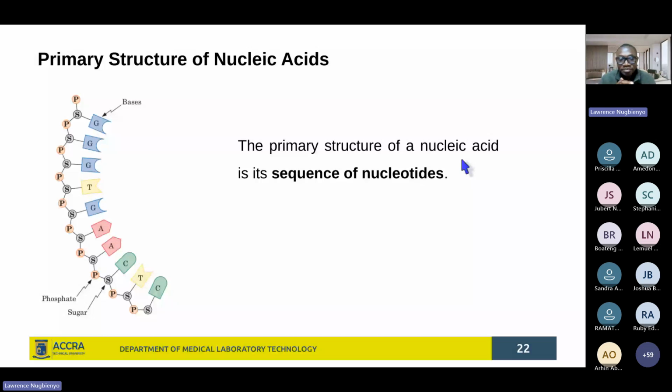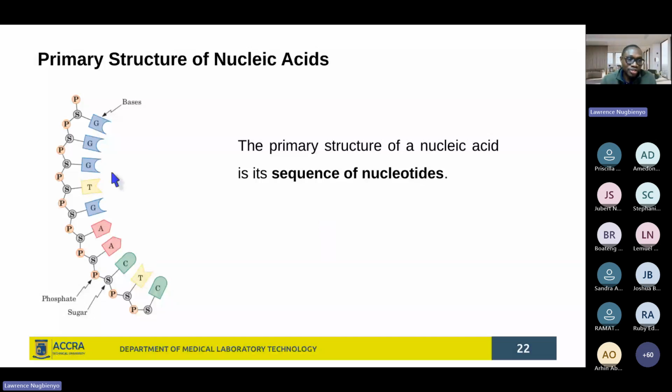The same way, in a nucleic acid chain or in a nucleic acid strand, you are describing the primary structure of the nucleic acid. So the primary structure of nucleic acid is just about the sequence of the nucleotides.